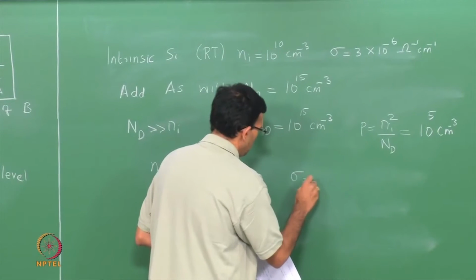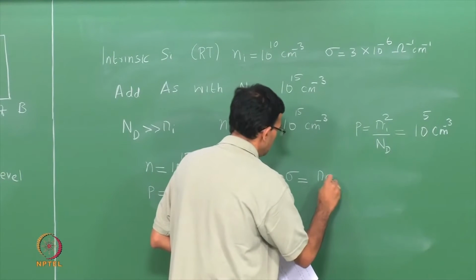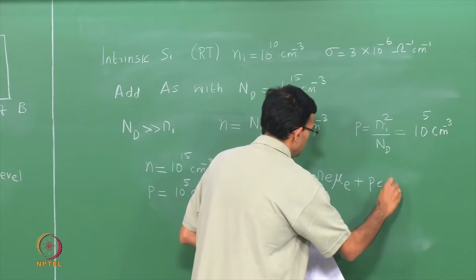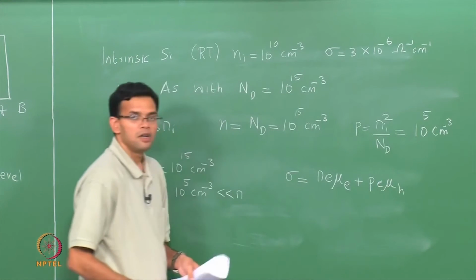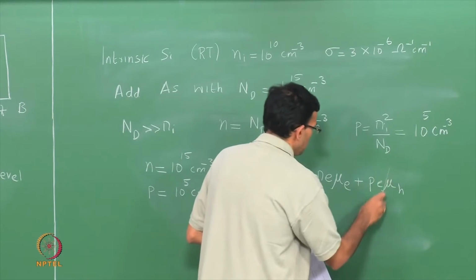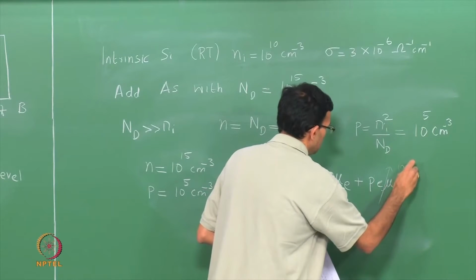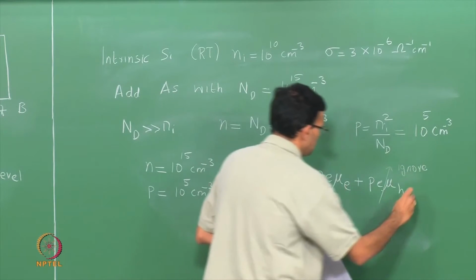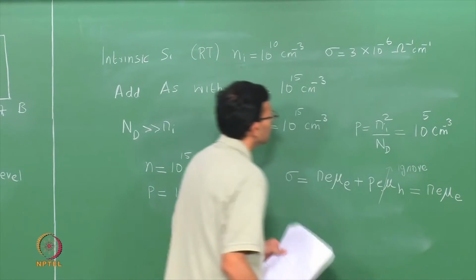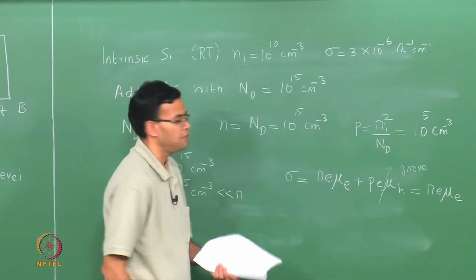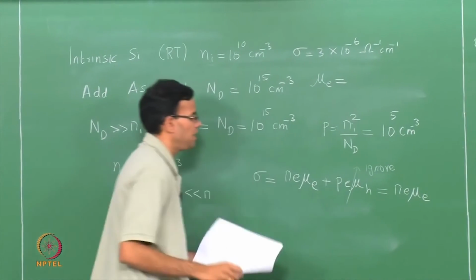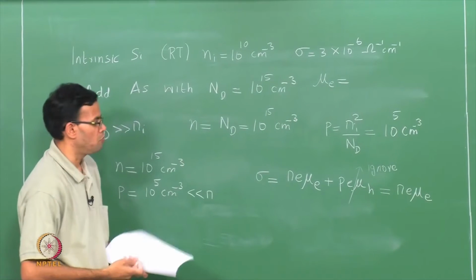Now, the equation for conductivity, you have seen this earlier, is N e mu E plus P e mu H. Now, N is so much larger than P, we can ignore this term and then just write it as N e mu E. Mu E is the mobility for silicon. Later we will look at the effect of dopant concentration on mobility.